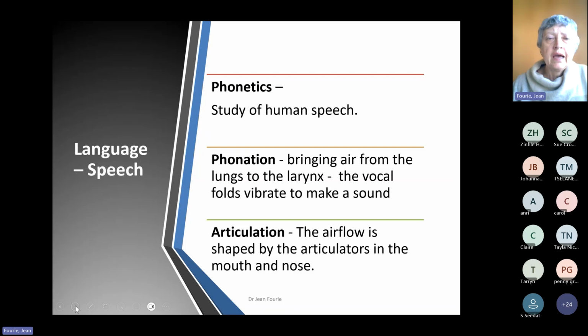So if we're looking at the actual human speech, how speech is made, that is the study of phonetics. And phonetics is very complicated.